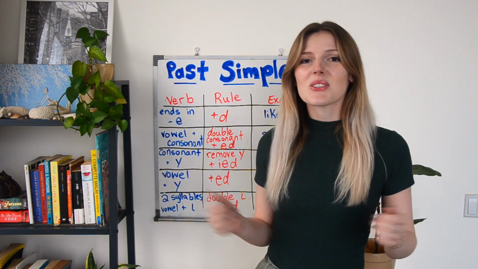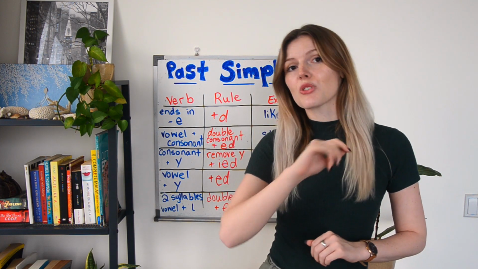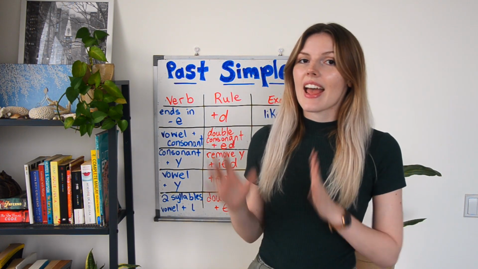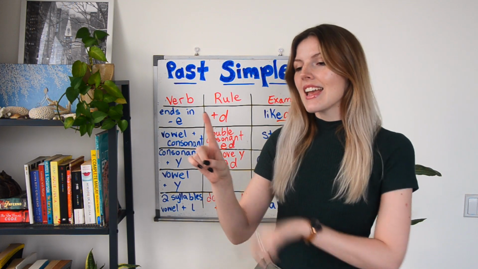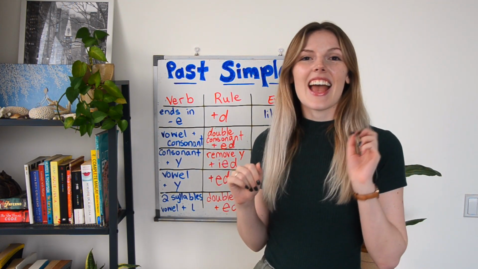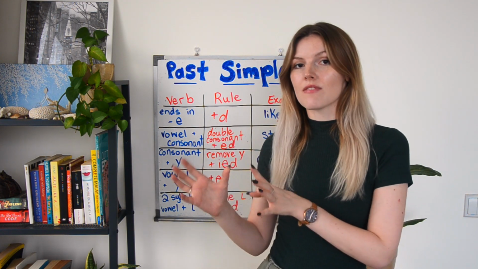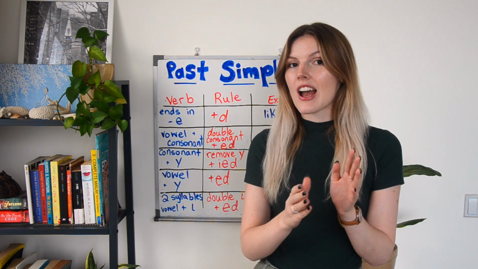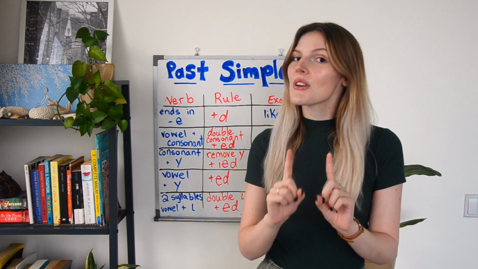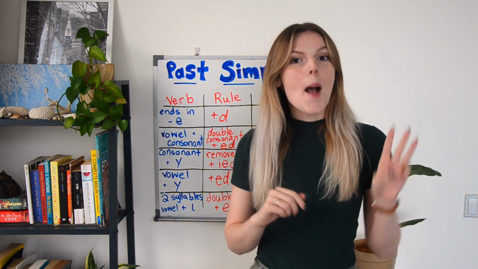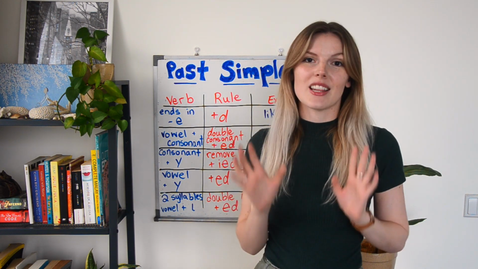So that's it. Those are your simple 5 spelling rules to remember when you're changing any regular verb 1 into verb 2. And an important thing to remember is that if you know how to change a verb from verb 1 to verb 2, if it's regular, you also know how to change it to verb 3 because it's the same spelling rules.